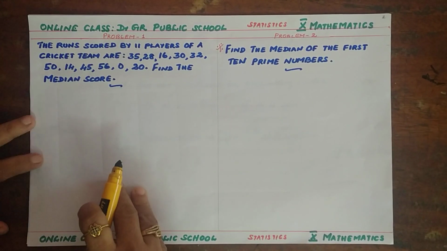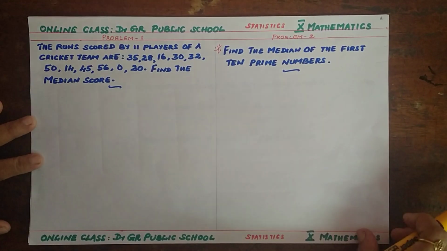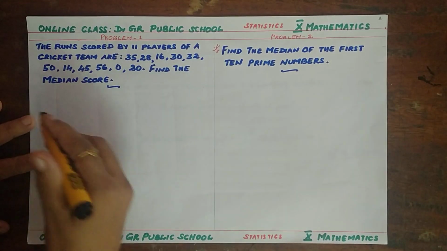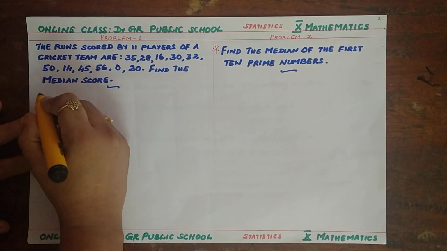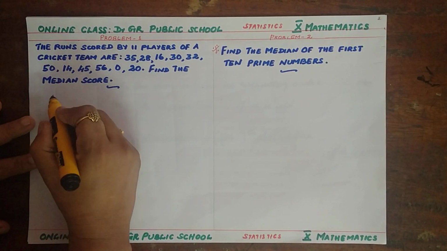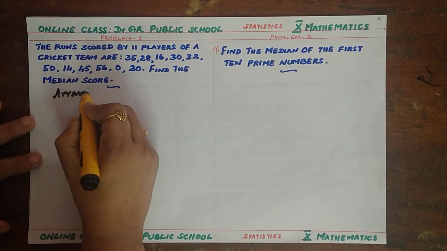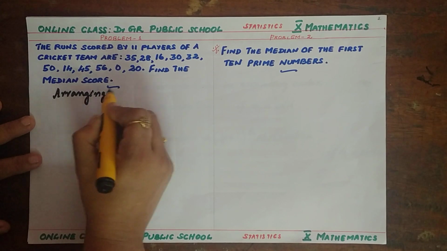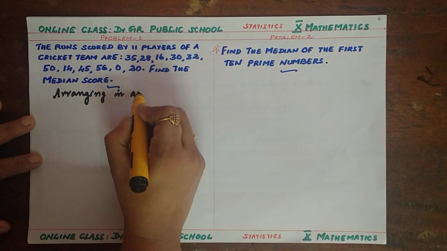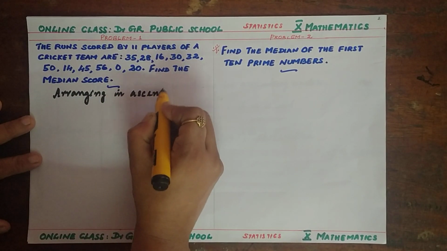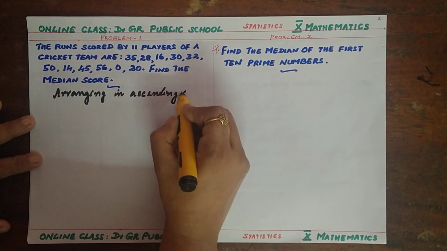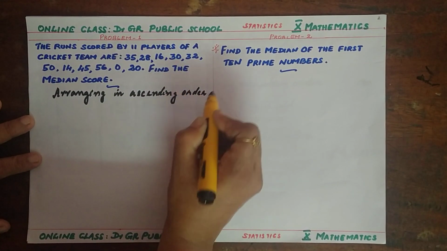As per the definition, what we want to do at first, we need to arrange the data in ascending or descending order. So, I am going to arrange it in ascending order. Arranging the given observations in ascending order we have.